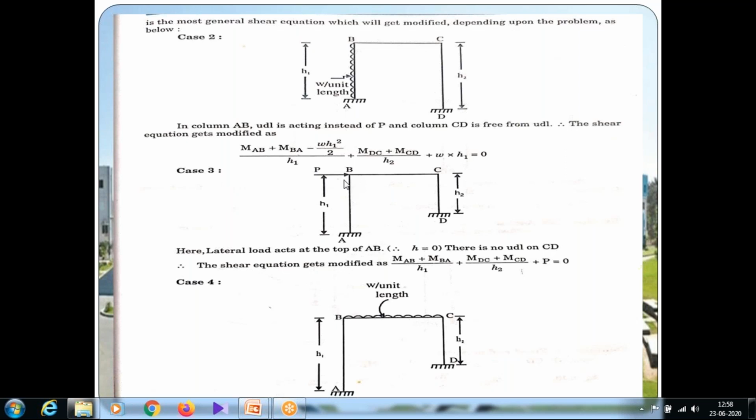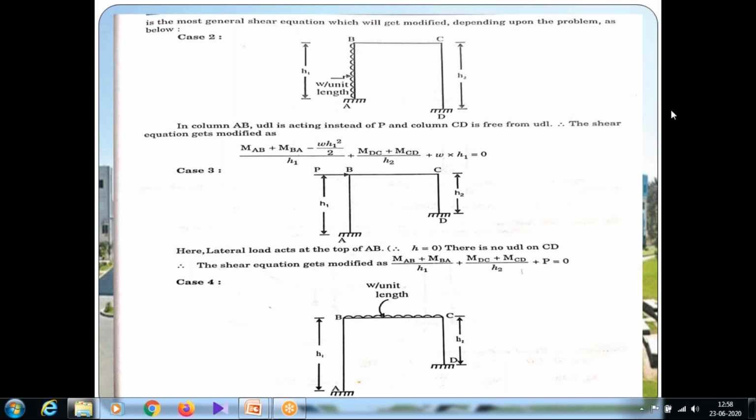So the most general form of the shear equation is: for span AB, the end moments MAB plus MBA by H1, plus, for column CD, the end moments MDC plus MCD divided by H2, plus P, because we have a load P at joint B only. That load is coming, plus P equal to 0. This is the shear equation for case 3.